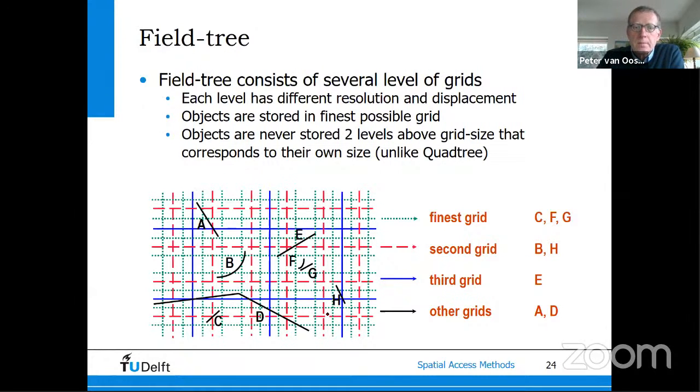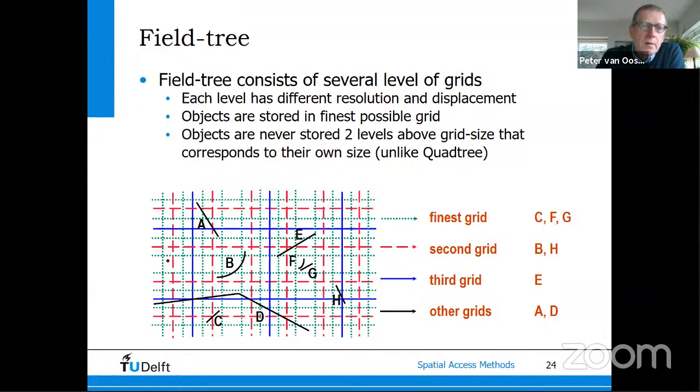Some objects like A and D have to be stored in even higher level grids, bigger grids. A is not that big, and it managed to cross the green grids, the red grids, and the blue grid.